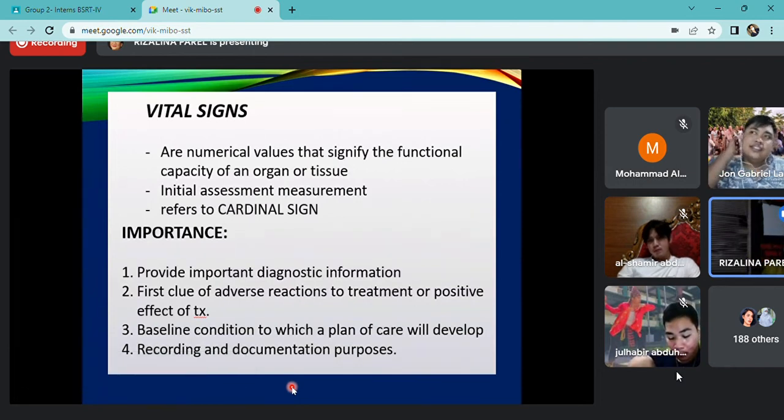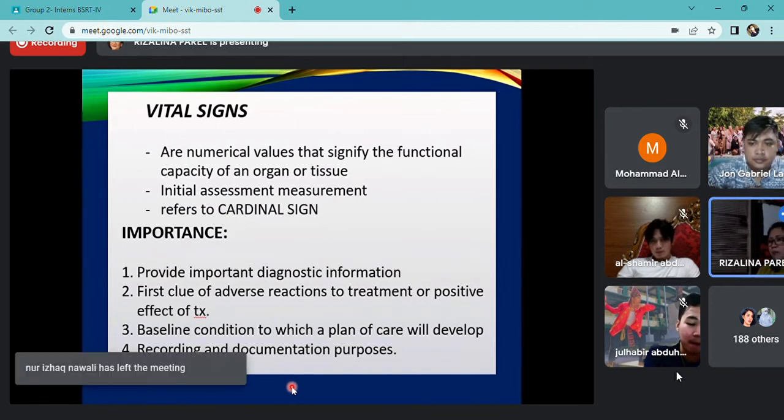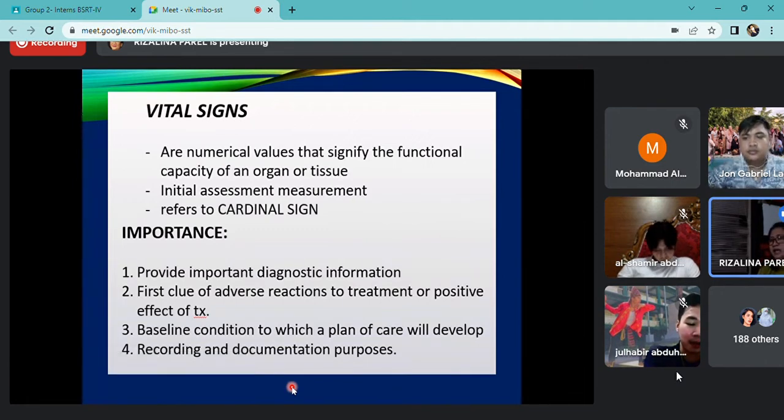Importance, it will provide important diagnostic information, and this one is the first clue of adverse reaction to treatment or positive effect to treatment. Baseline condition to which a plan of care will develop, and recording and documentation purposes. So every 4 hours, nagba-vital signs monitoring ang nurse. Ikaw naman na RT, nakikikopya lang.